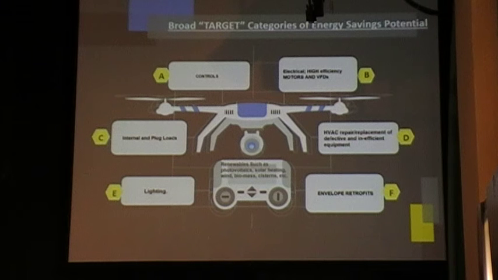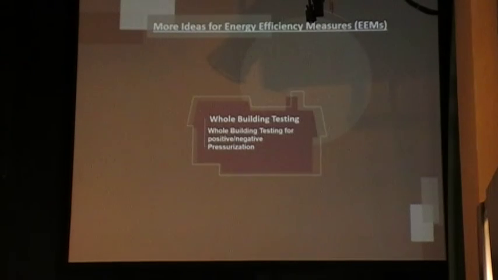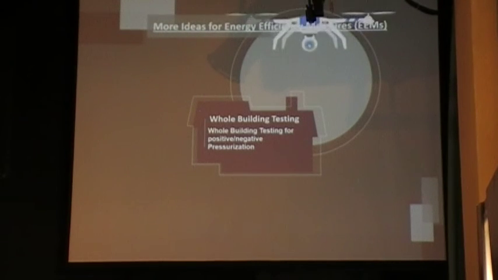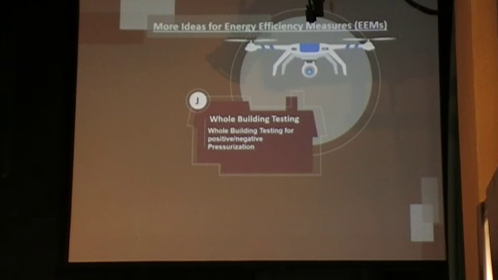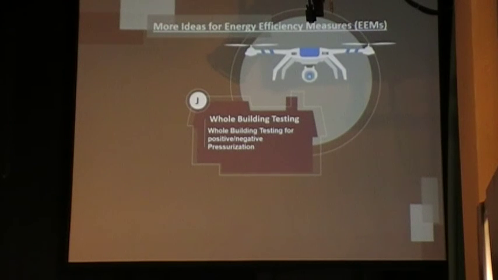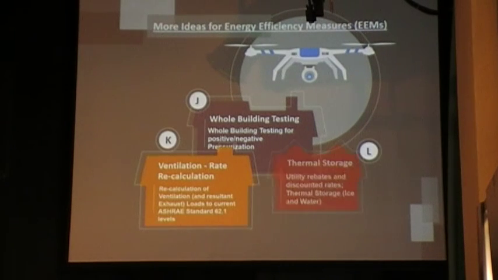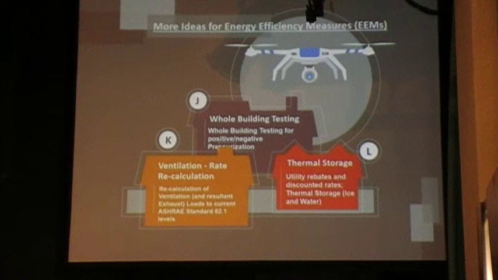We'll go through some of these, but there's all kinds of targets out there that you look at all the time and that you can go and take a look at in order to find ways to save energy for that building. In the U.S., we're doing a lot of whole building testing, so we're trying to figure out where all the holes are in the enclosure of the building so we're not air conditioning or heating the outside unnecessarily, right?